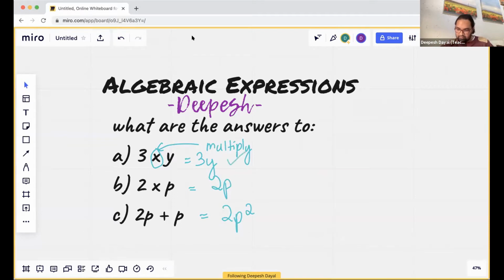So the first one was right, the second one's right. Now 2p plus p. What is 2p plus p?